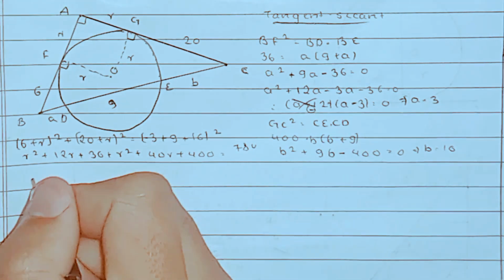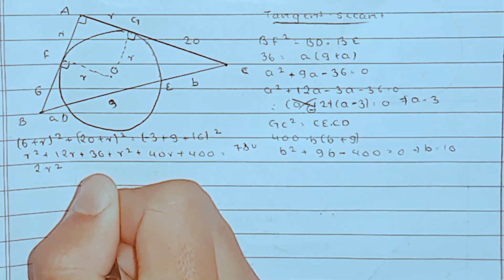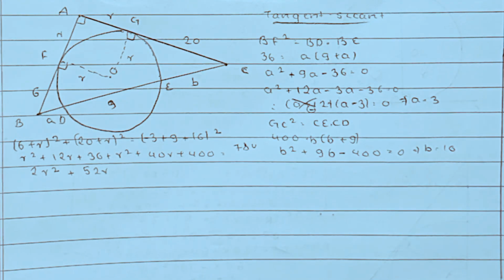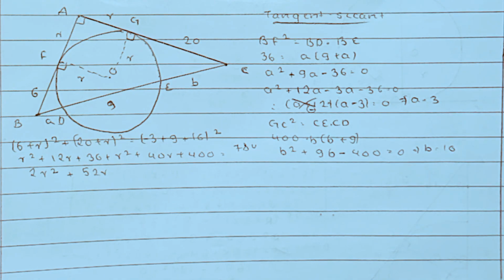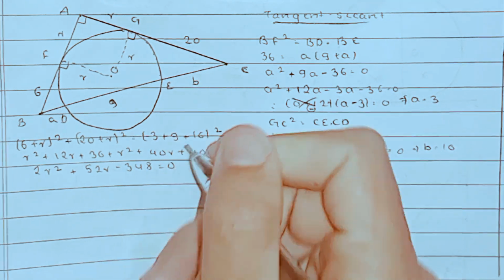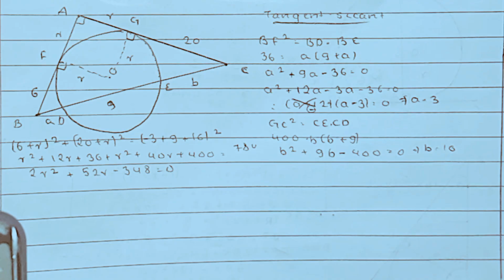So we get 2r square plus 52r plus 436 minus 784, which gives minus 348. So now let's again use the previous method of using the calculator to find the value.